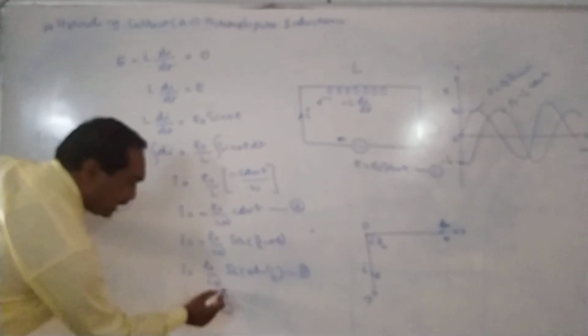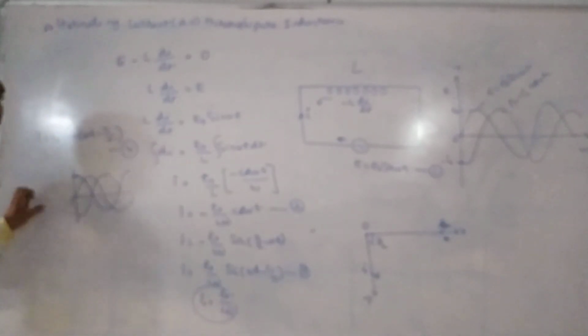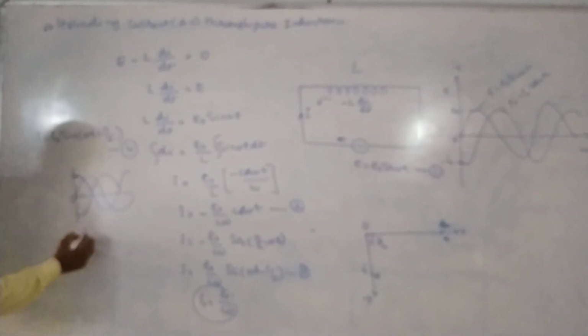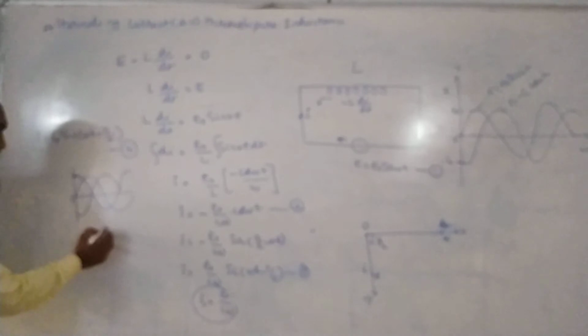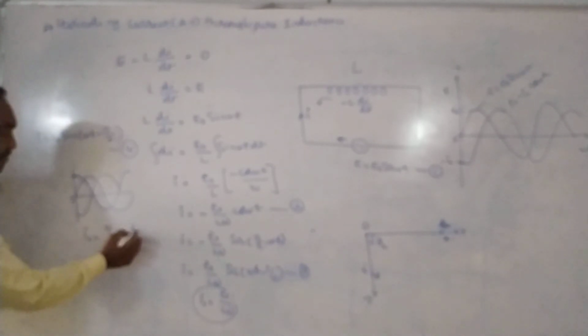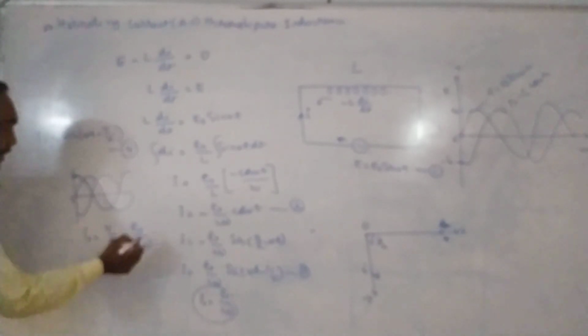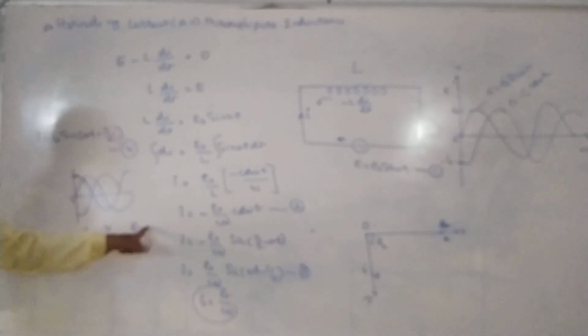One more time, we have to analyze this. I naught is equal to E naught by L omega, where I naught is the maximum current. According to Ohm's law, current is equal to potential by resistance, that is V is equal to IR, so I is equal to V by R. Comparing this with E naught by L omega, the voltage is here and this is the resistance.